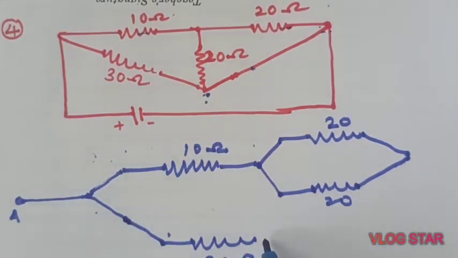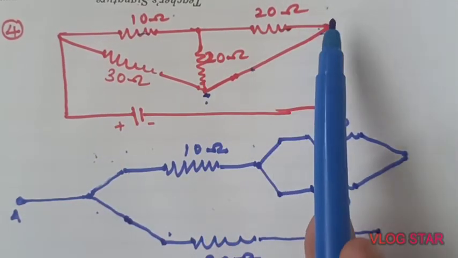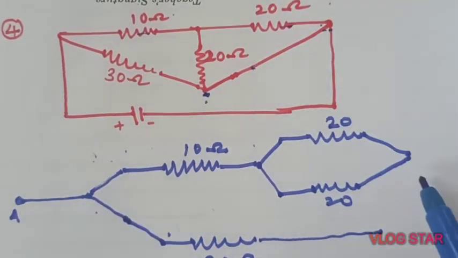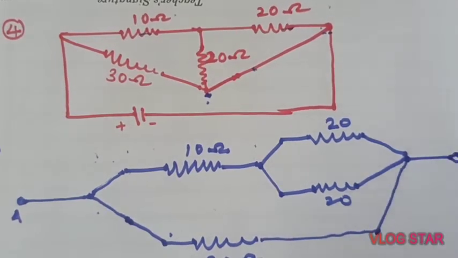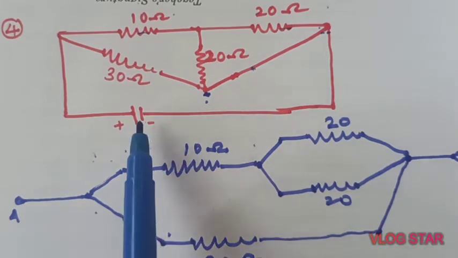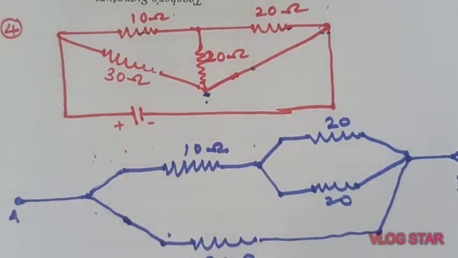These two points are the same, so this joined over here, and here is the final negative end of the battery, say B. So we have simplified this complicated diagram, and now we can easily understand which resistors are connected in series and which are in parallel.